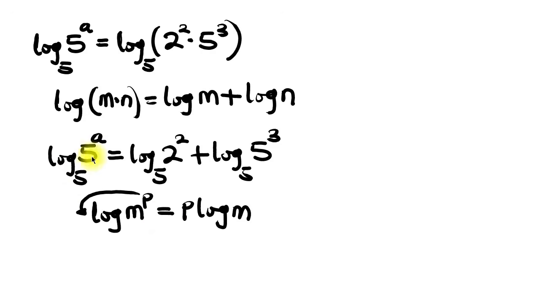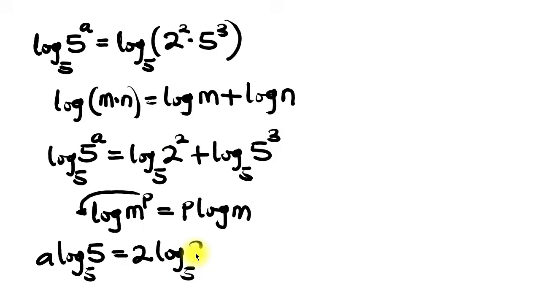And that is what we're going to be doing to what we have here, because they all have powers. So this becomes a times log base 5 of 5. This is equal to, this becomes 2 times log base 5 of 2. And then plus, this becomes 3 times log base 5 of 5.